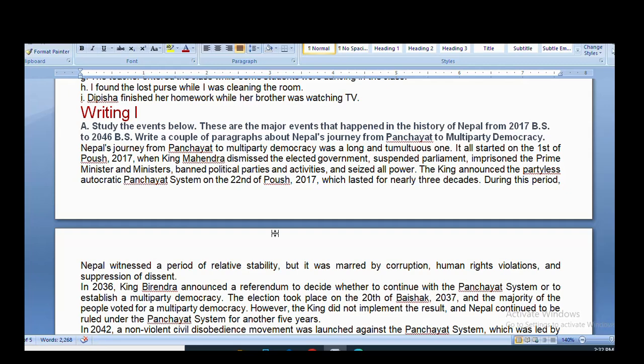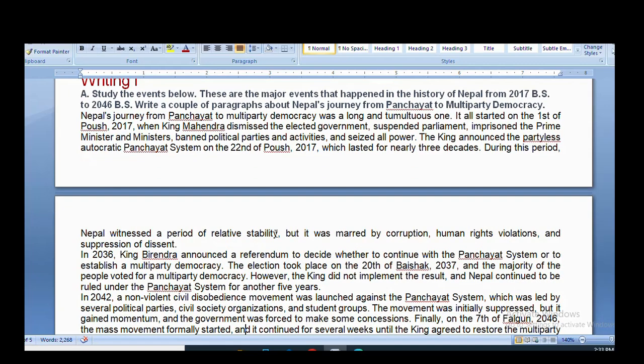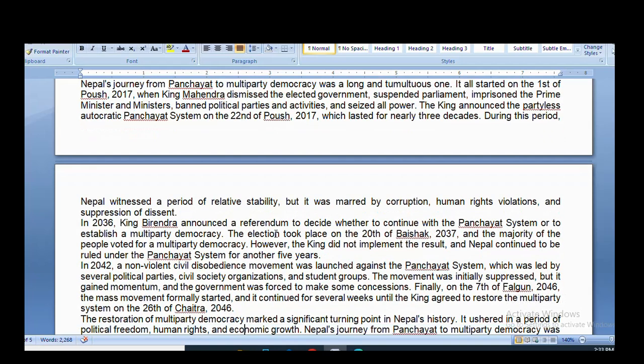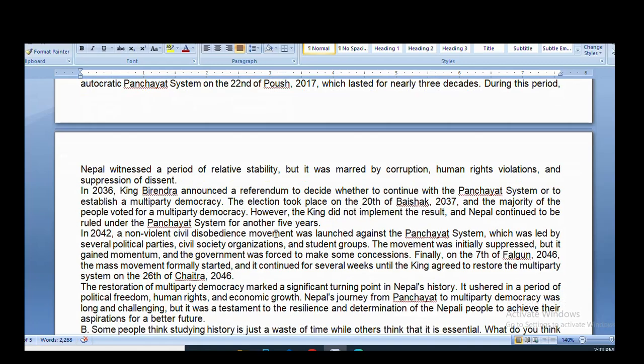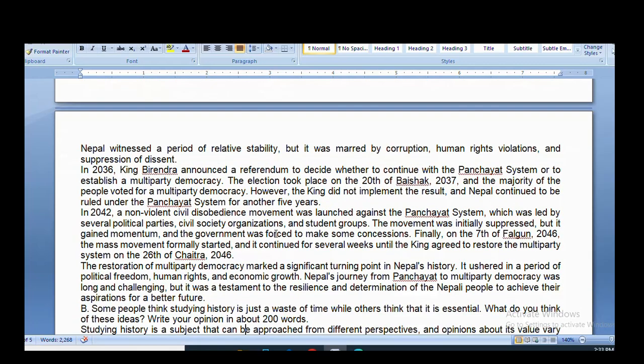The king announced the partyless autocratic panchayat system on the 22nd of August 2017, which lasted for nearly 3 decades, means almost 30 years. During this period, Nepal experienced a period of relative stability but was marred by corruption, human rights violations, and suppression of dissent.